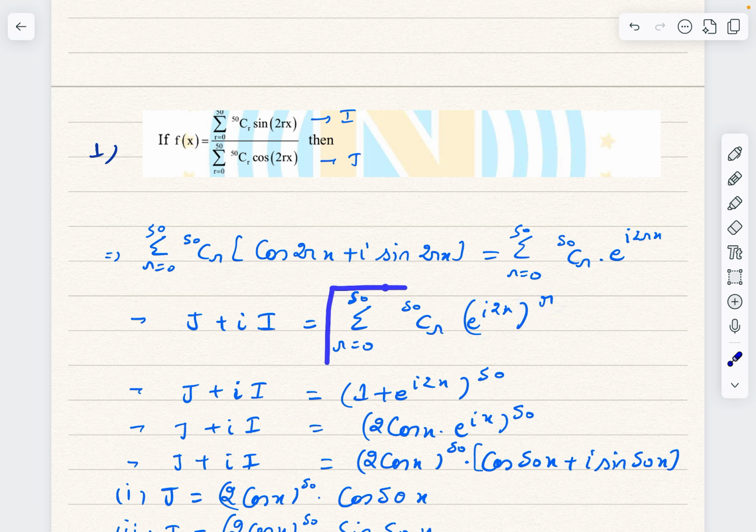And this will be nothing but (1 plus e power iota 2x) whole raised to power 50.